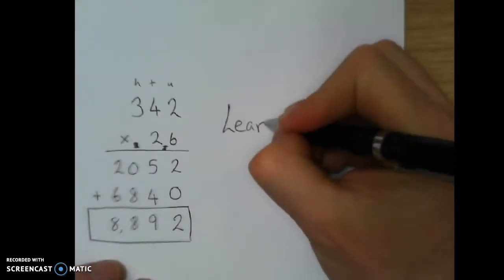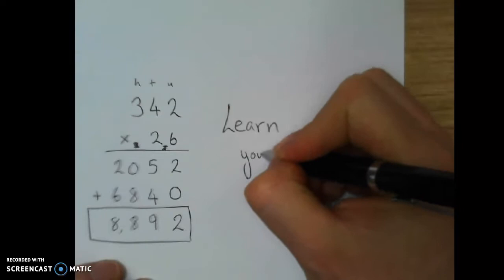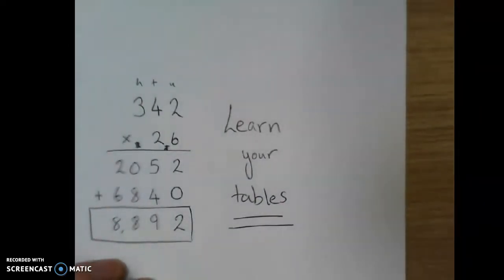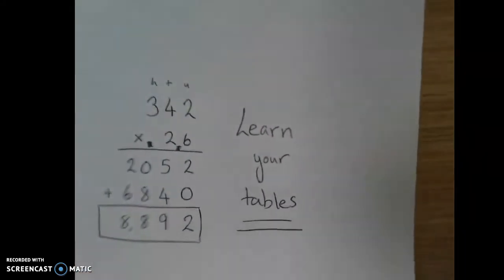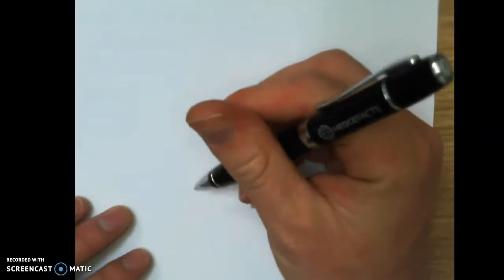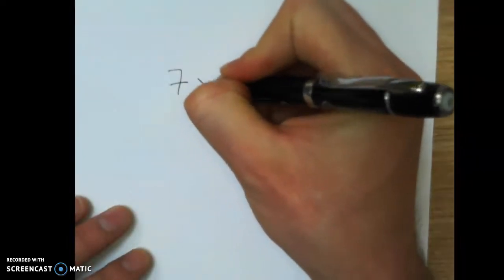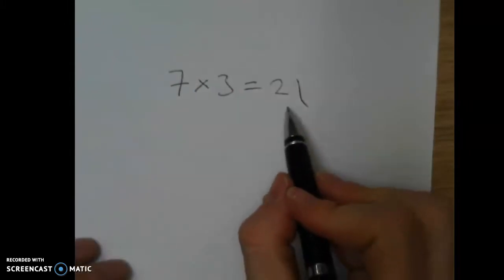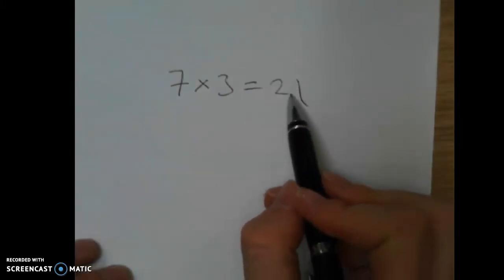And again, guys, it's all so much easier when you learn your tables. Learn your tables. Because remember, this is the last thing I'll say, everything is easier if you know your multiplication tables, because if you know your multiplication tables, you know your division tables. Let's look at this. 7 times 3 is 21. Division is multiplication backwards.